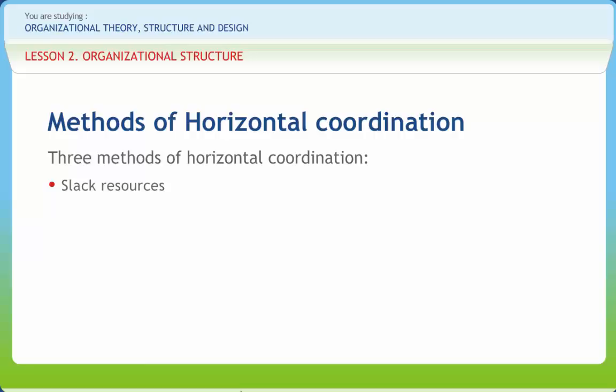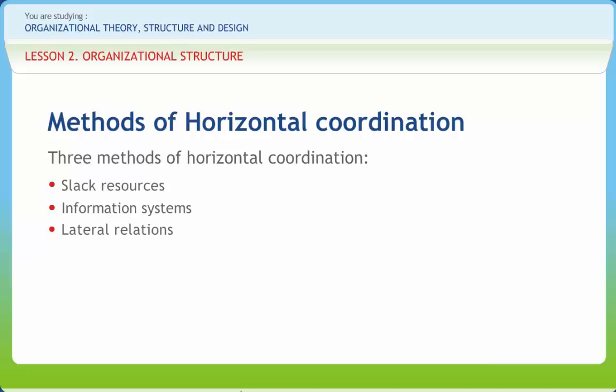Next is information systems. Information systems, particularly computerized ones, are used to coordinate various parts of the organization. These computer systems provide managers with information about the organization's performance. The third is lateral relations.